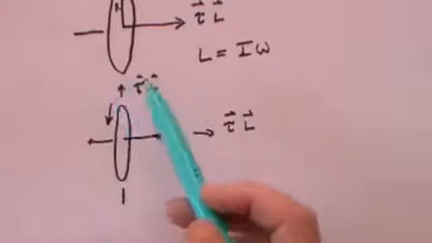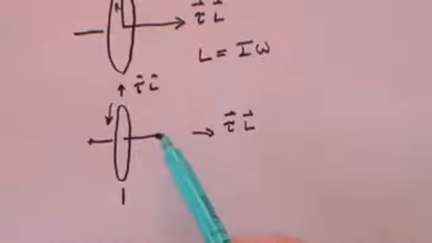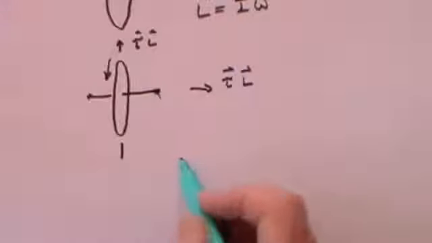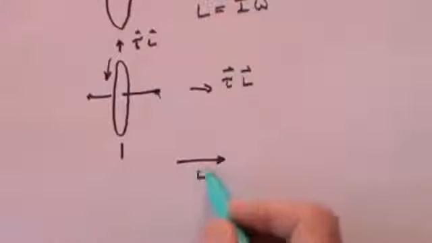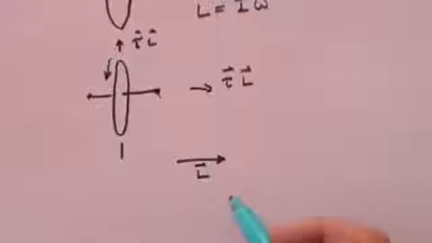The torque and angular momentum in this direction are caused by the fact that I'm trying to rotate this entire system by twisting this axis. So we've got an angular momentum vector in this direction and an angular momentum vector in that direction. What do you do when you've got two such vectors? Well, you can add them together, and you add them tip to tail. Doesn't matter which order you do it in. So here we've got a vector L, the angular momentum vector, which is due to the spinning wheel.